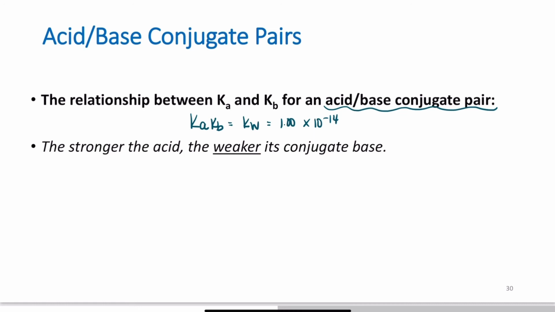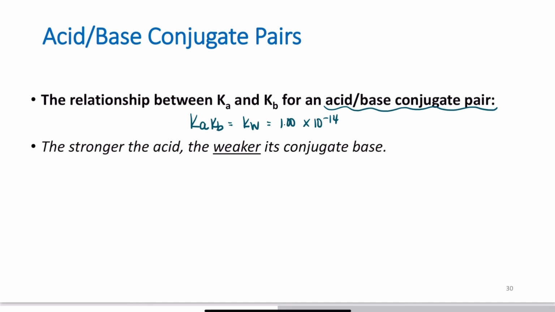It doesn't want to accept a proton. HCl forms H plus and Cl minus. Cl minus doesn't want the proton back. Strong bases want that proton. Cl minus does not. It's a weak conjugate base. It's a very stabilized conjugate base, making it a stronger acid.